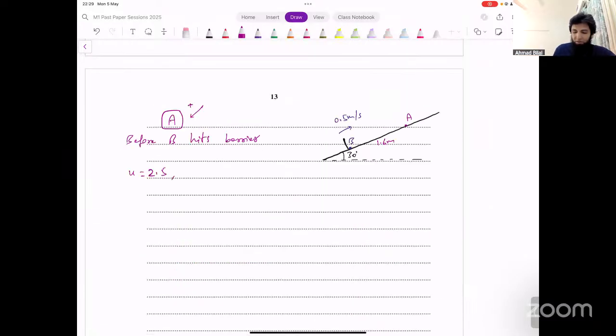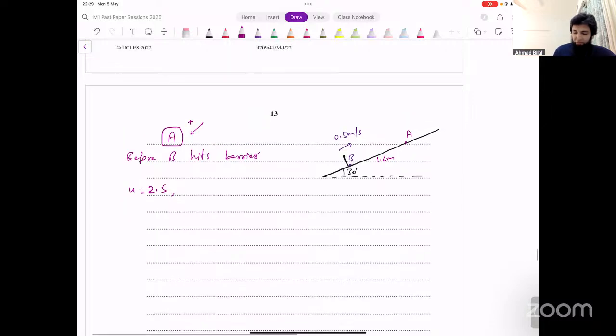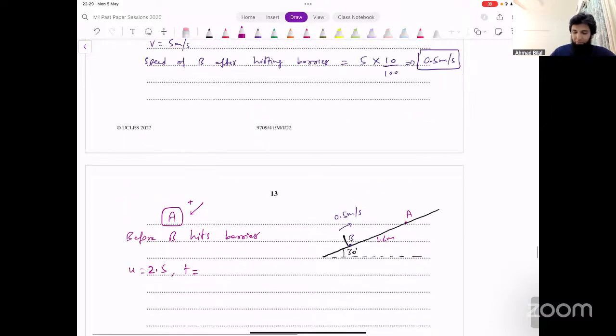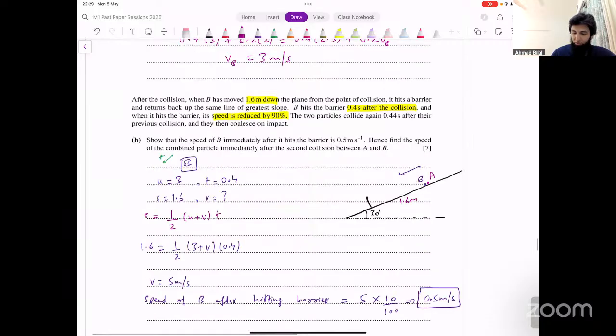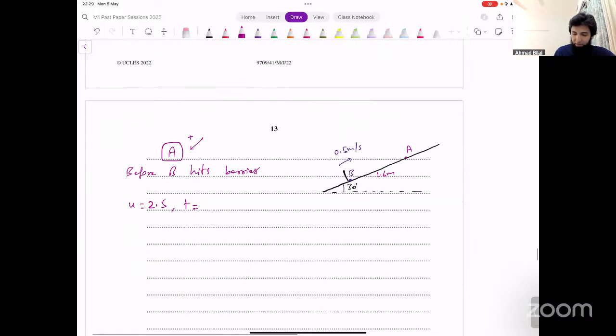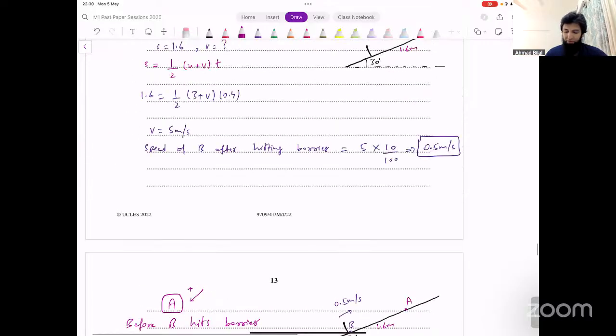We don't know how much distance it travels. We know the time taken for B to hit the barrier. That was 0.4. So that's the time taken for them to hit the barrier. And that's it. Do we have any other piece of information? Final velocity, no. Do we have displacement? No. Do we have acceleration? Can we find the value of acceleration somehow?